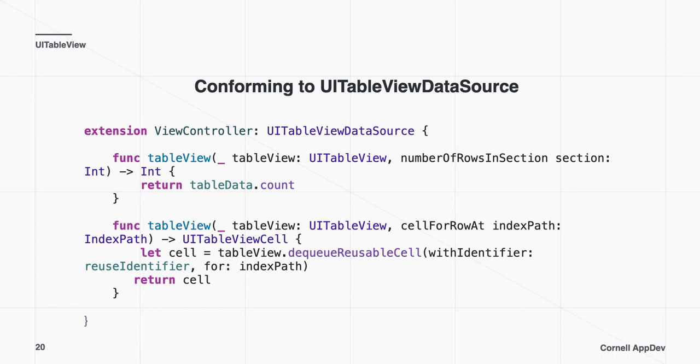Normally that would just be whatever data you have, and you count however many data points you have. And then you also have to implement cellForRowAt. In that part, you define your cell, and you return the cell. Yeah, we'll talk about dequeueReusableCell more later.